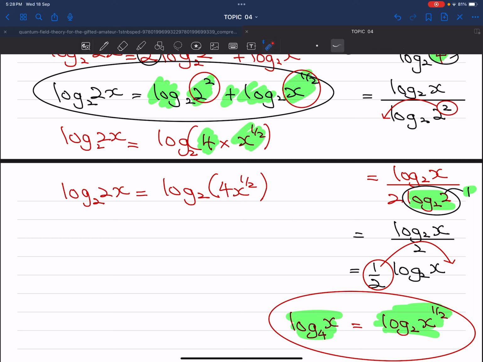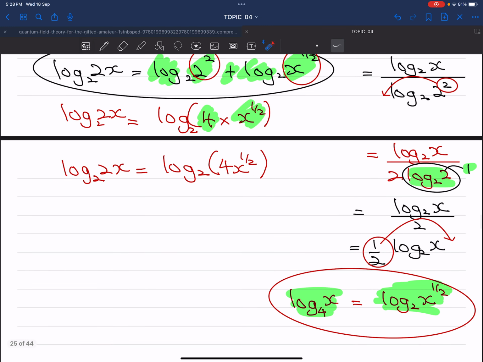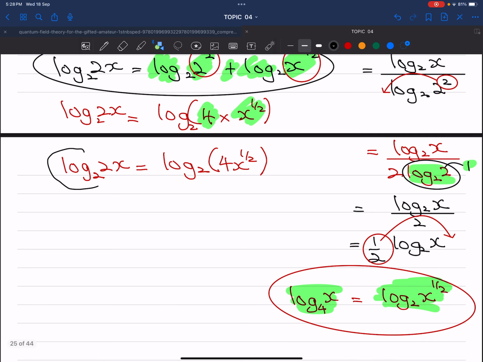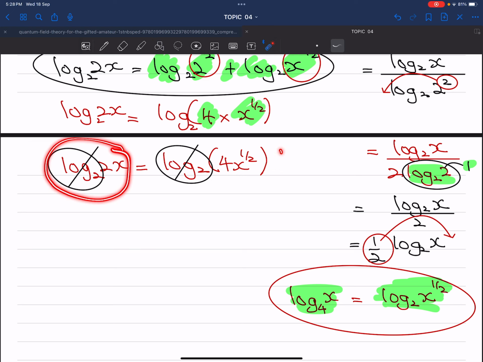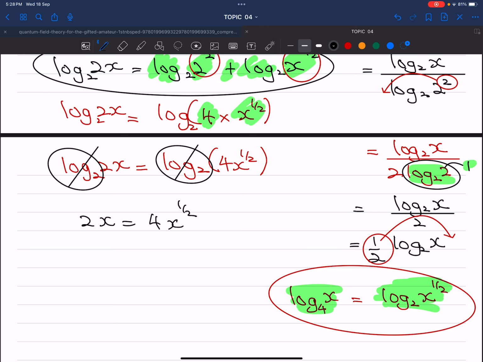And if you notice, on the left hand side only one term, right hand side only one term, log base 2, log base 2, I can cancel. We can only cancel if left hand side has one term and right hand side has one term. So after cancelling, I have 2x equals to 4x power half.